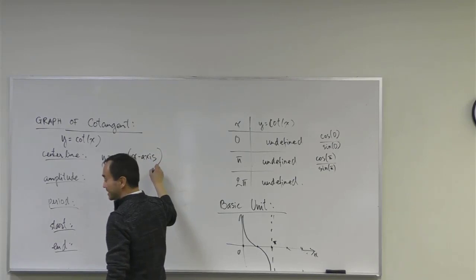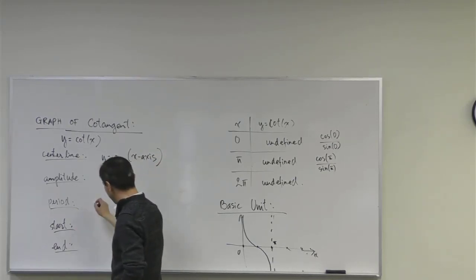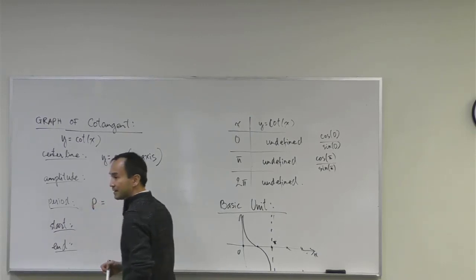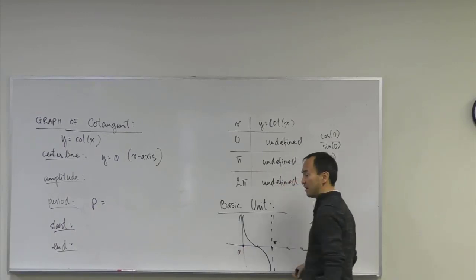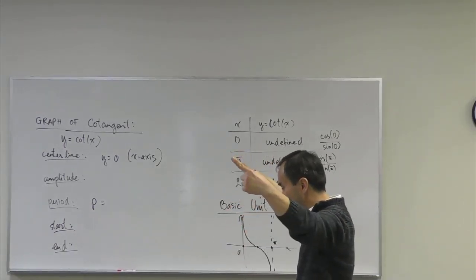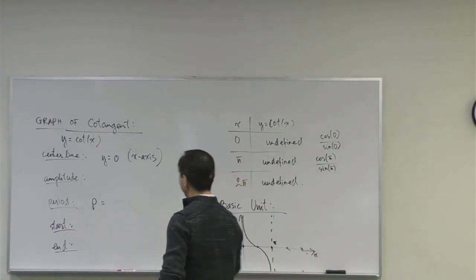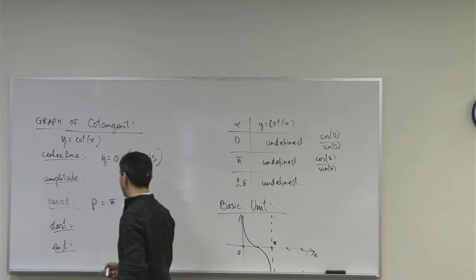Good. And I still haven't talked about the amplitude, including the tangent amplitude. But the period here, what do you recognize? The total window that your basic unit takes. How far is that total distance? Pi. So the ordinary cotangent has a total window of pi.